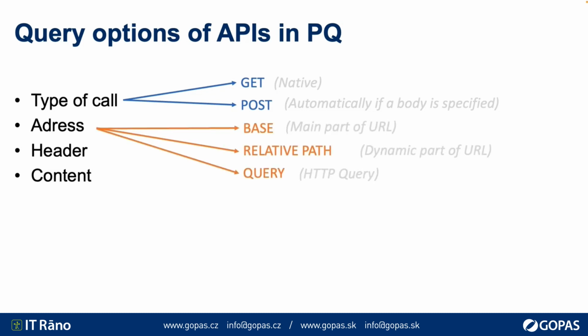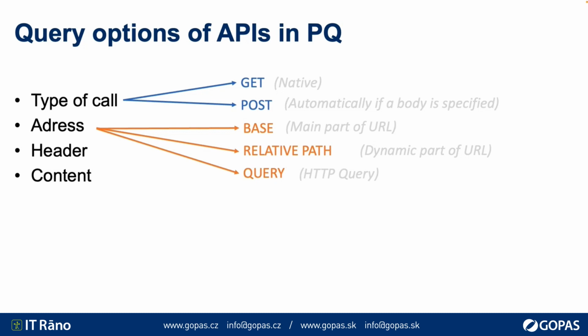Then the address, which we can divide a little bit into 3 parts: the base, the relative part, and a query. Base is the main part of a URL against which Power BI will set the authentication. And it should be a static URL that will not be changing.